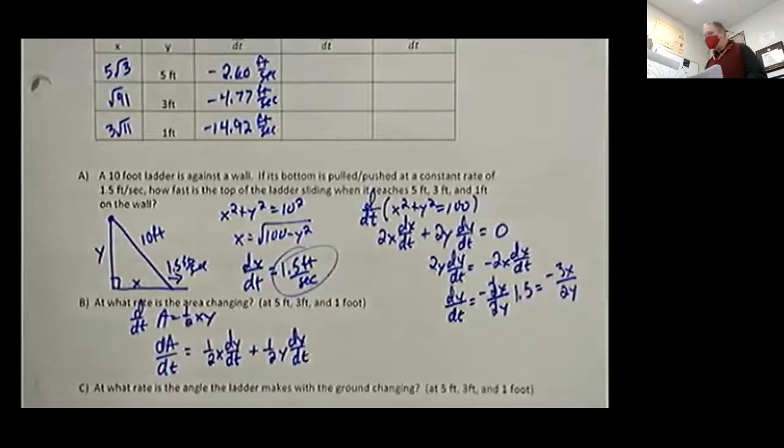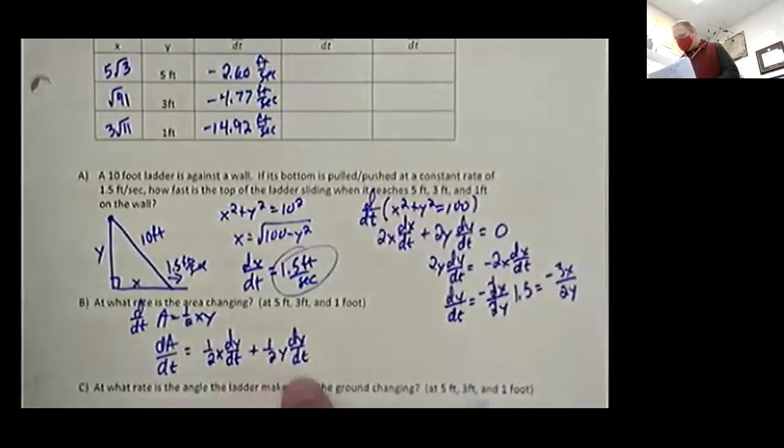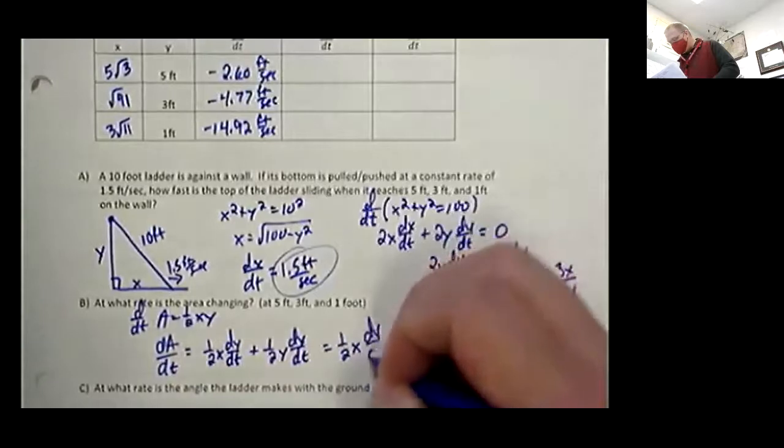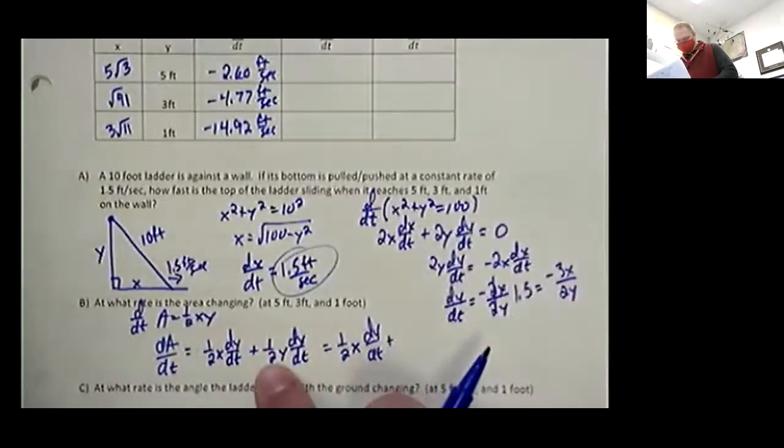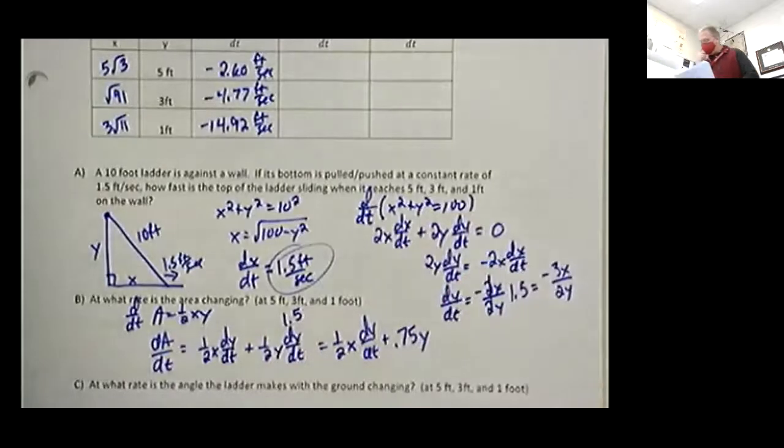Well, we already have dy. We know what dx is. That is 1.5. So this is 1/2 x times the value of dy/dt plugged in, plus 1/2 times 1.5, half of 1.5 is 0.75, y.